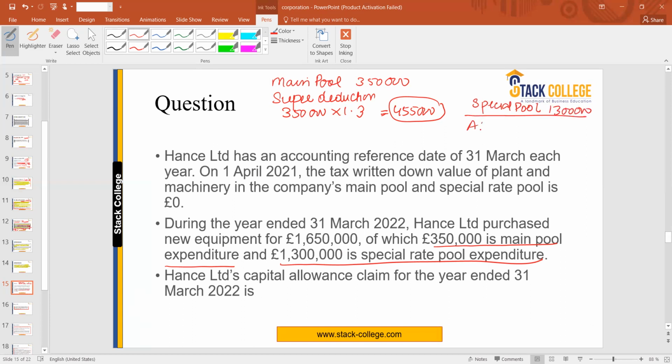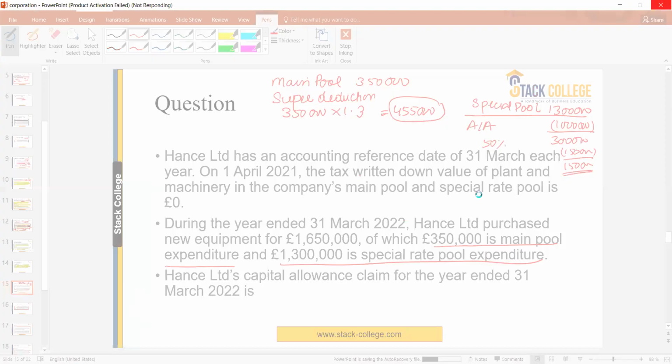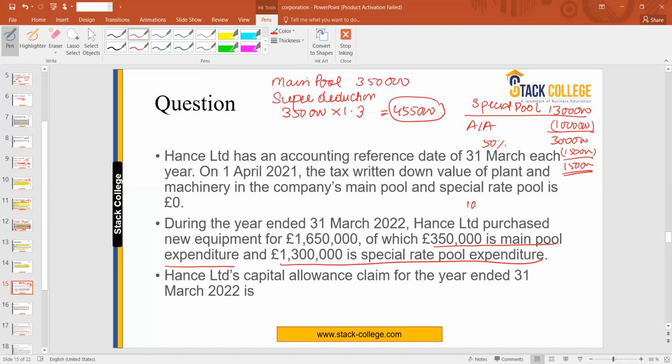My AIA is available up to 1 million, with the remaining 300,000 left, and the 50% allowance is 150,000, and the remaining balance is part of the pool. So total allowance is 1 million plus 150,000, so it's 1,150,000. This is the allowance for the special pool, and this is the allowance for the main pool.